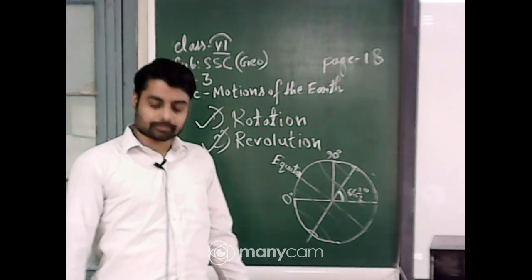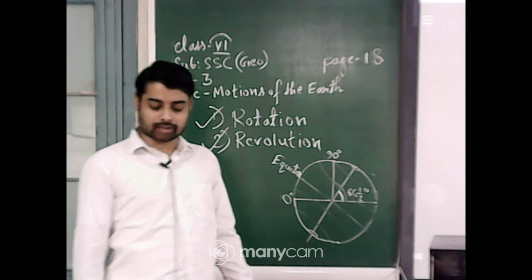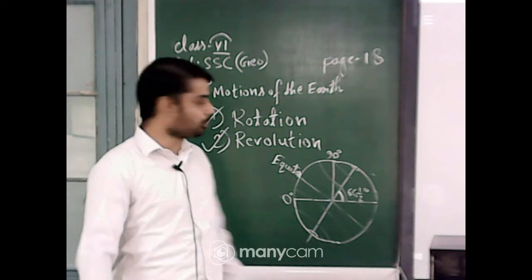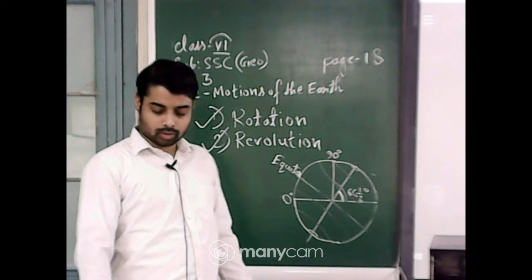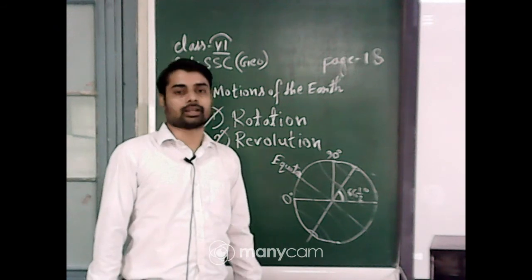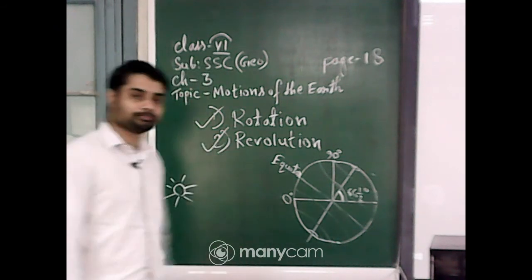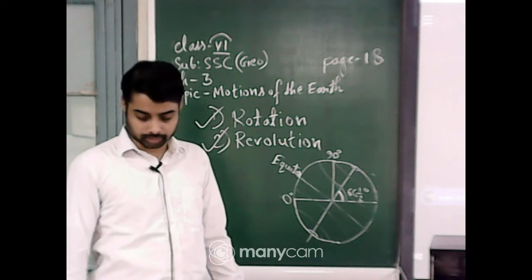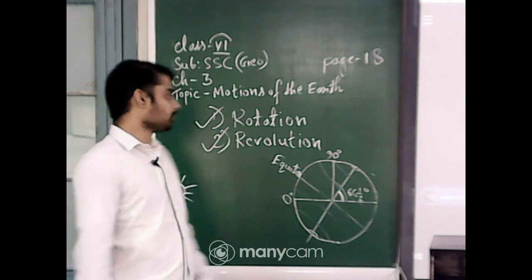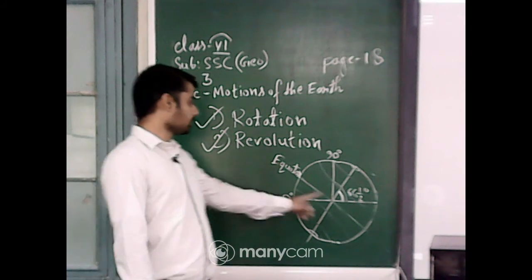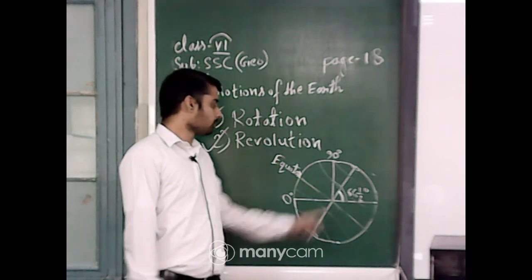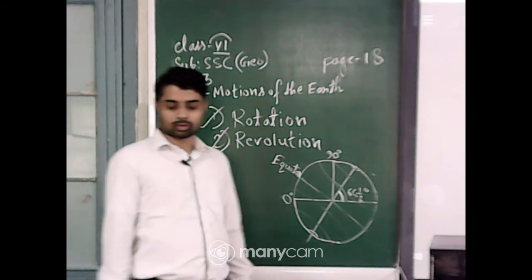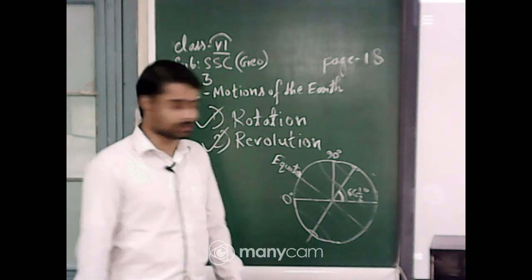As you know, the earth has two types of motions. One is rotation and the other is revolution. Now, what is rotation? You know that the earth rotates on its axis.